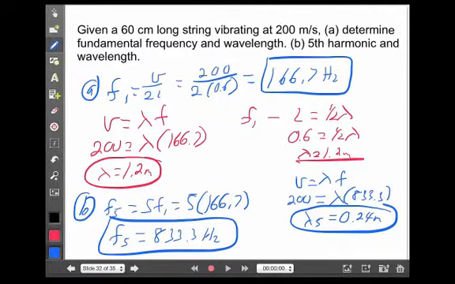Okay? That's one way. The other way to do it is to remember that inversely proportional rule. So if the frequency increases times 5, then the wavelength must divide by 5. So if I take that fundamental wavelength of 1.2 meters and I divide it by 5, well, I still get that same 0.24 meters. Again, two ways to check it.